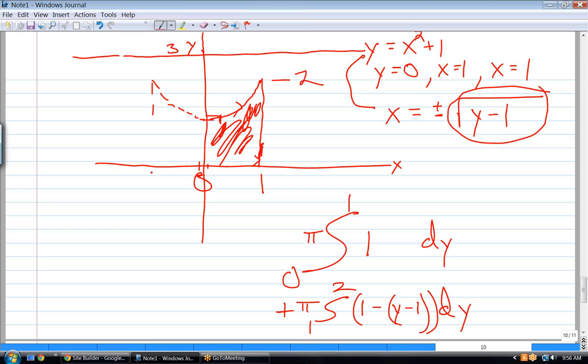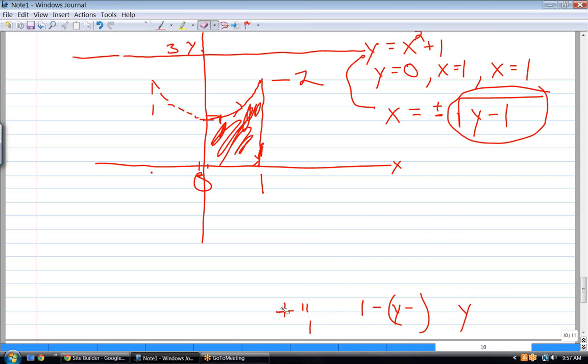Now, first of all, there'll be some empty space here. There'll be a giant hole, which is okay. Let me think about this for a moment.